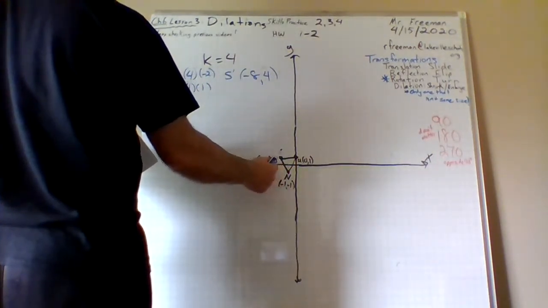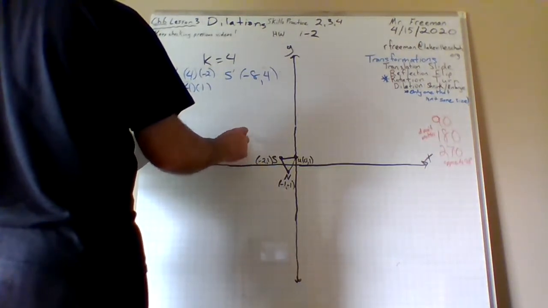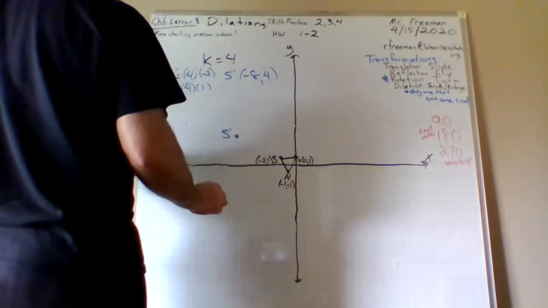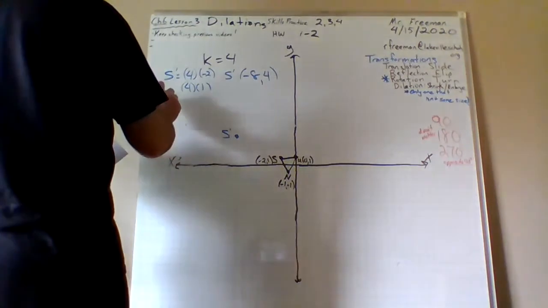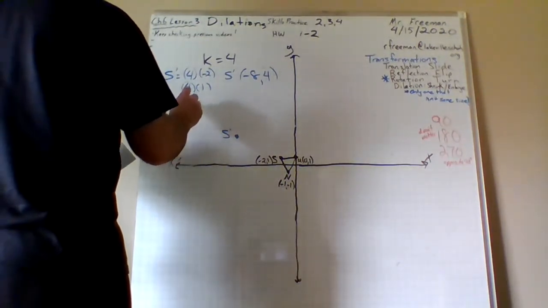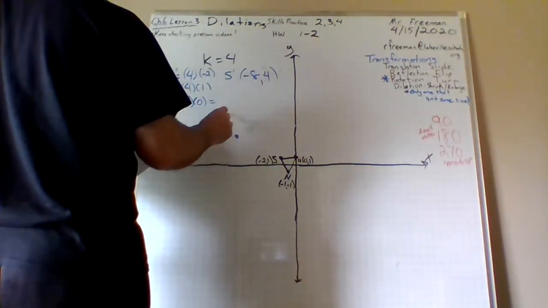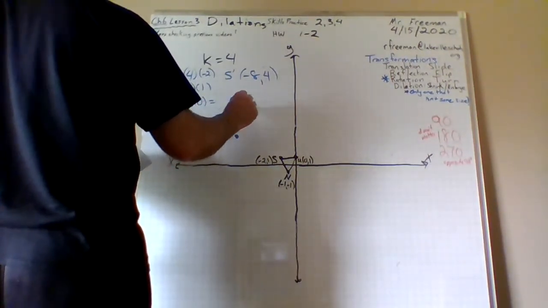And so negative 8, 4 is my next S prime. So 1, 2, 3, 4, 5, 6, 7, 8. 1, 2, 3, 4. This is my new S prime. Okay, and there's the coordinate. Okay, my new U prime is 4 times that first one is 0. So my first coordinate is going to be now 4 times 0 is 0.